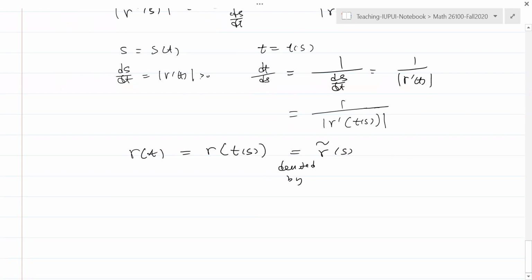Anyway, s is the arc length, and this is called the parametrization of the curve with respect to the arc length.